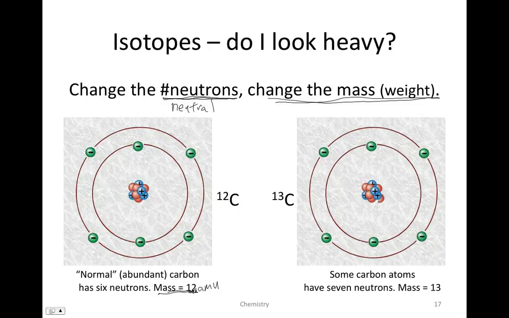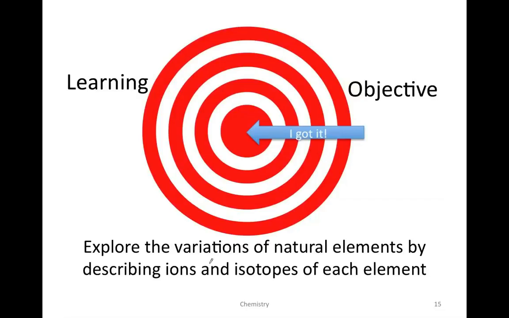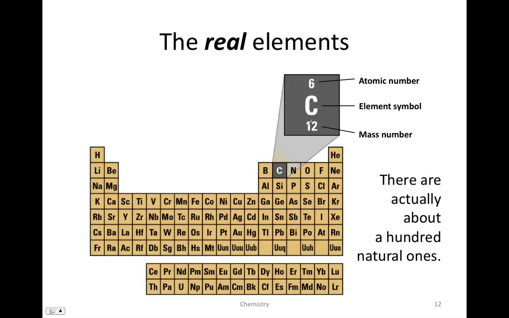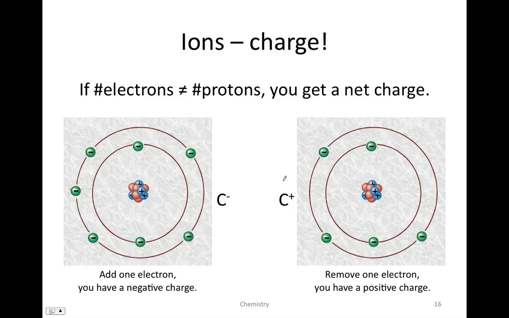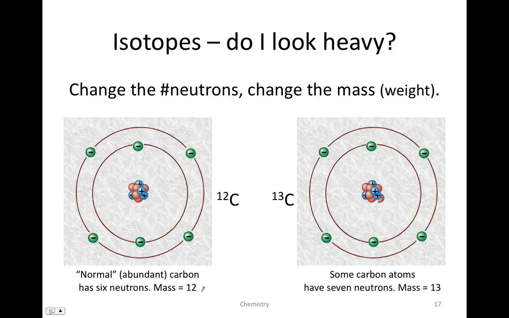That's the mass number that we saw back here on the periodic table. 12 is the number of protons plus the number of neutrons, which both happen to be 6. So 6 plus 6 is 12. So we have this isotope or form of carbon, carbon 12. And we put the 12 as a superscript before the carbon to tell us that's the mass number. That's what most carbon atoms look like.